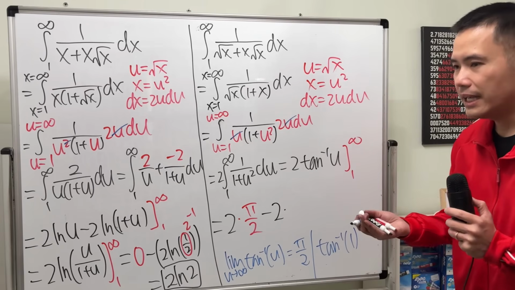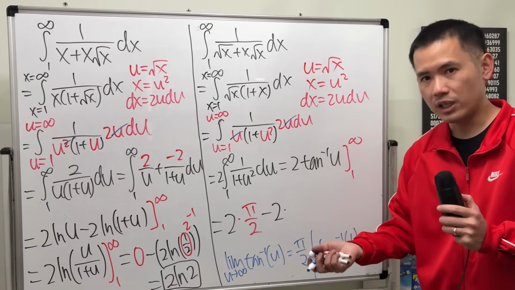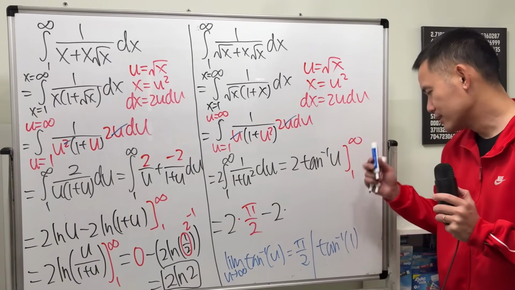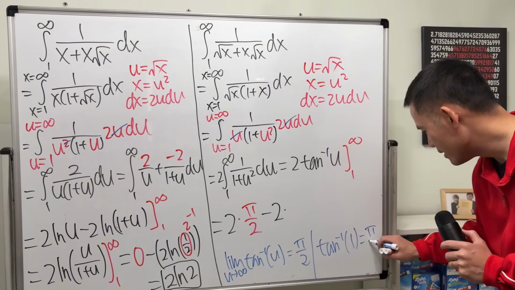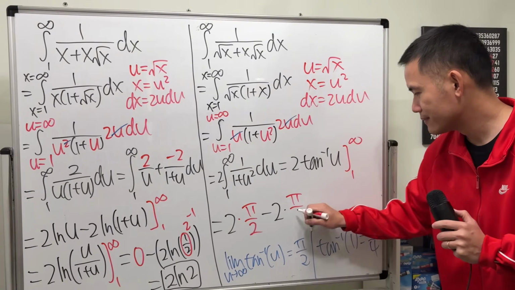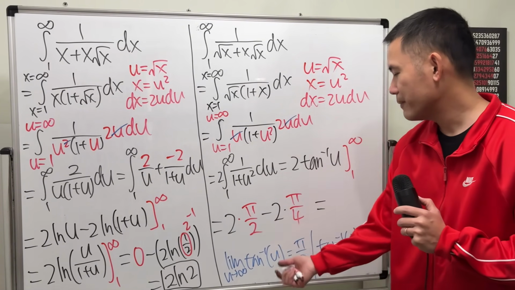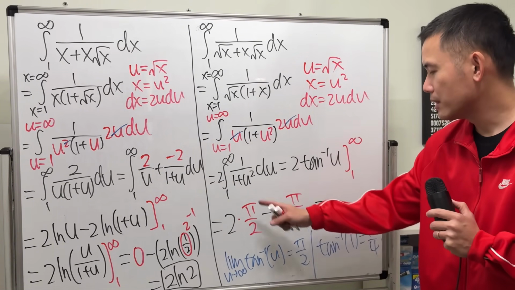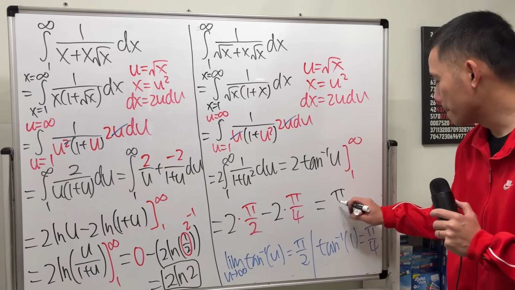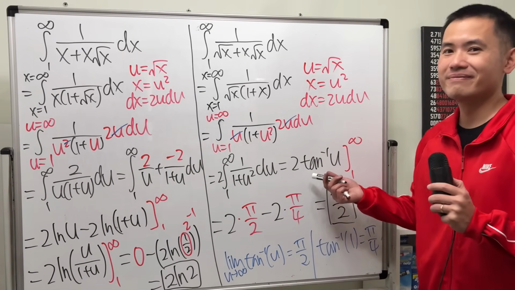Think about the first answer, right? So tangent of that angle will give us 1, 45 degrees. But we are all adults now, so we say pi over 4. So this right here is pi over 4. So ladies and gentlemen, this right here is pi, this right here is pi over 2, pi minus pi over 2, we get pi over 2. Yep, that's it.